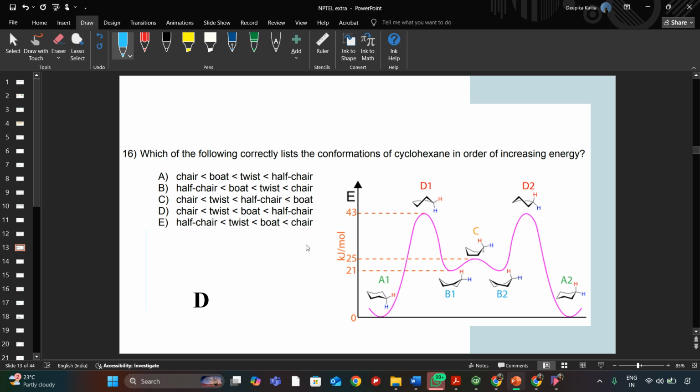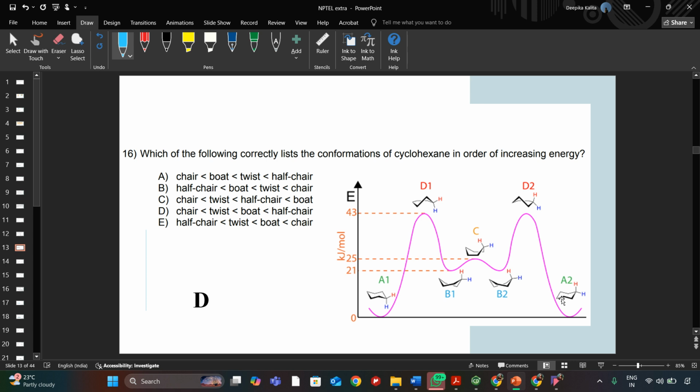So, when we draw an energy profile diagram by placing energy on the y-axis and the angle of rotation on the x-axis, we get a diagram of this type in case of cyclohexane, where the A1 and A2 positions are occupied by the chair conformations since they have the lowest energy.